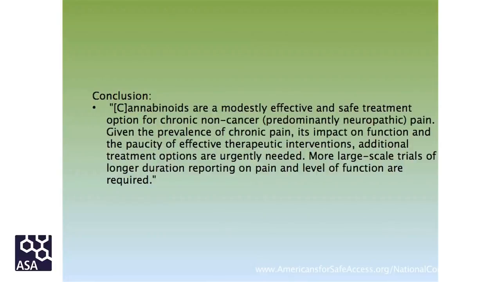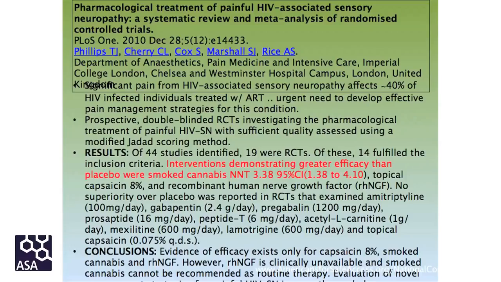Their conclusion was that cannabinoids are a modestly effective and safe option for chronic non-cancer pain, and given the prevalence of pain, we need additional treatment options in this field.